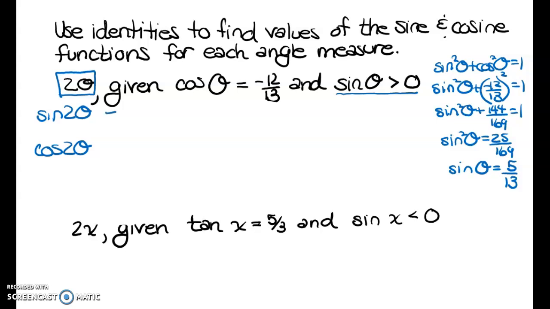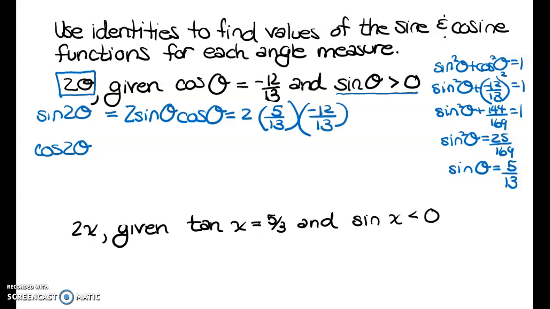Well, sine of 2a is just 2 sine of theta cosine of theta. So what is the sine of theta? 5/13. And what's the cosine of theta? Negative 12/13.